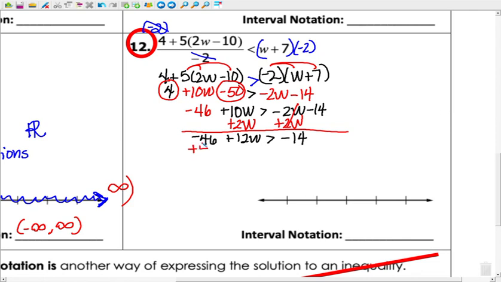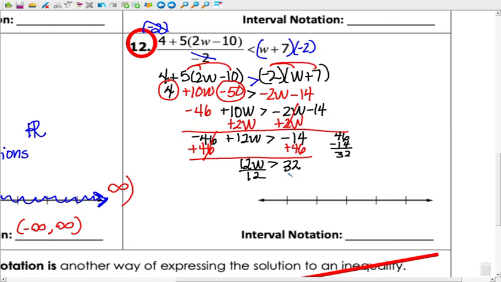Add my 46 here. I will bring down my 12w, my greater than sign, and now I've got 46 minus 14. That's going to give me 32. So I've got 32 on this side.